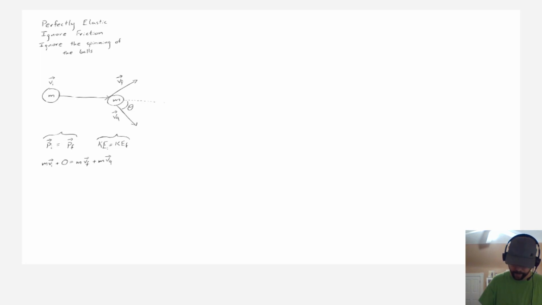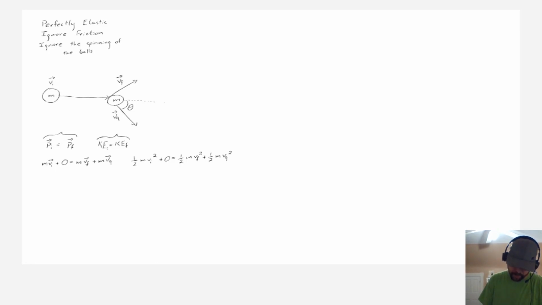So we're going to have 1/2 mass times velocity initial squared, as a scalar quantity, plus 0, equals 1/2 mass times velocity final squared, plus 1/2 mass times the velocity of the 9 ball squared.